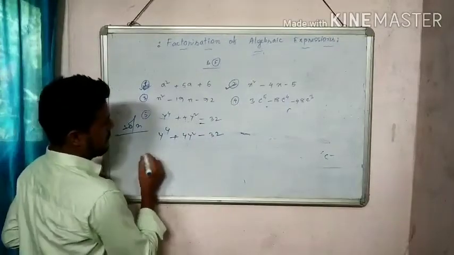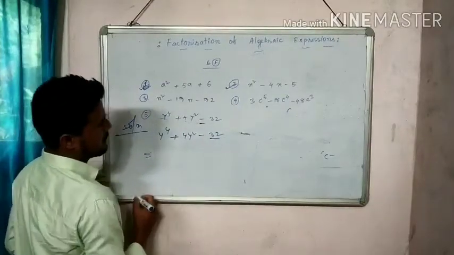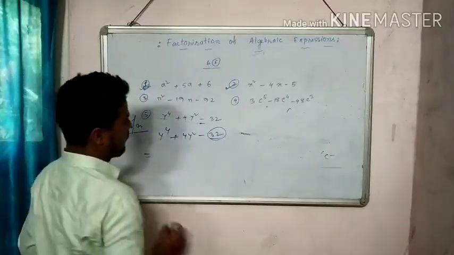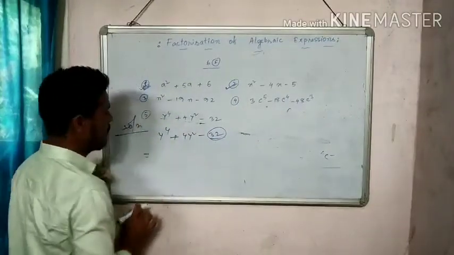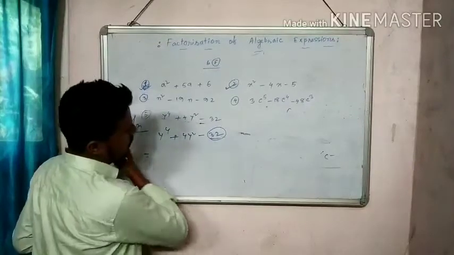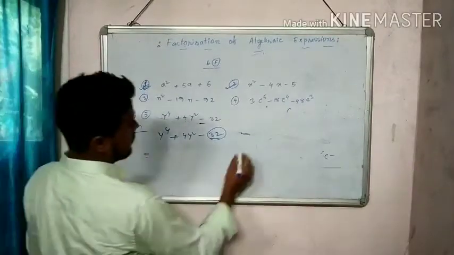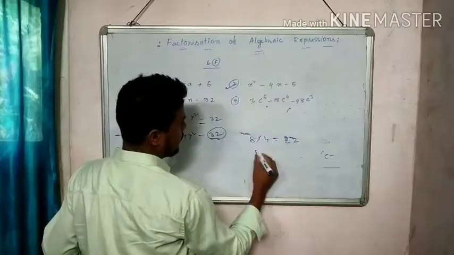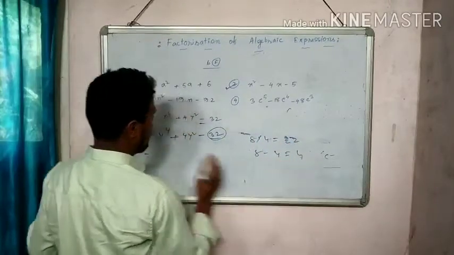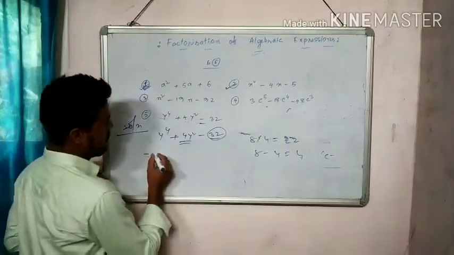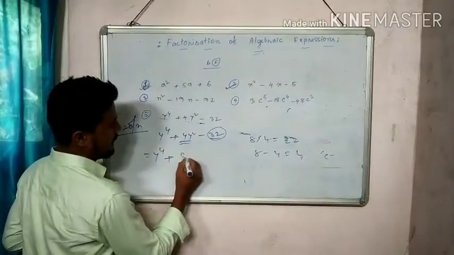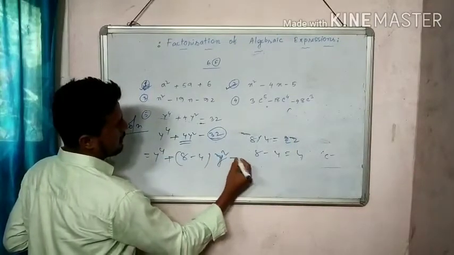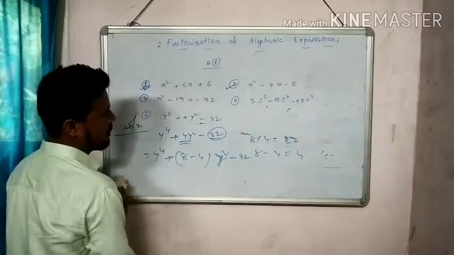Factorize the constant term: 8 times 4 is 32, and 8 minus 4 is equal to 4, which is the middle term coefficient 4y square. So y to the power 4 plus 8 minus 4 whole into y square, minus 32.